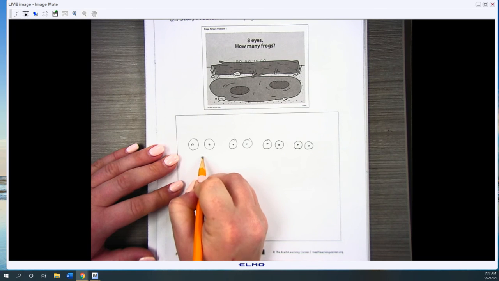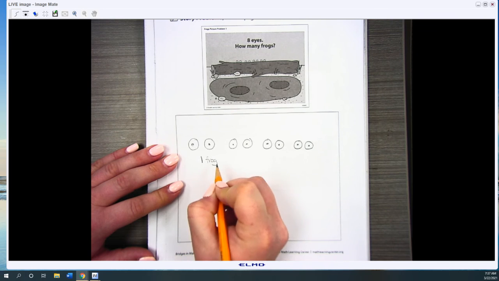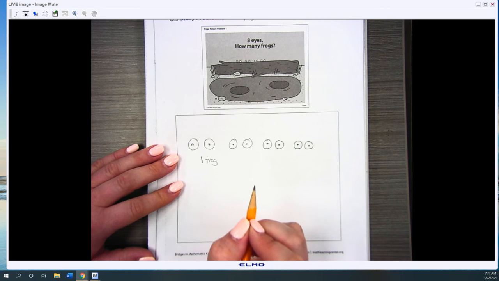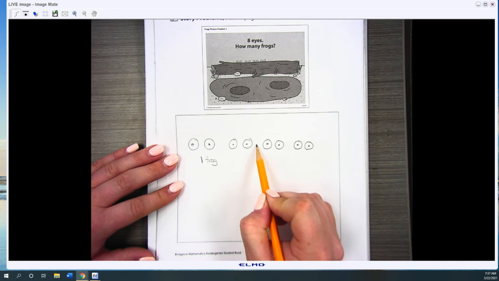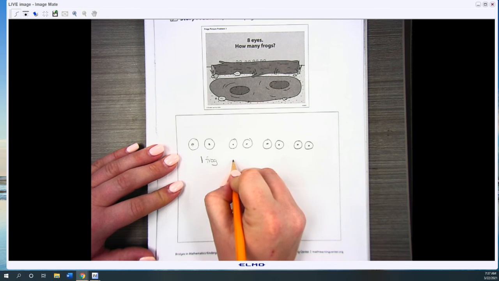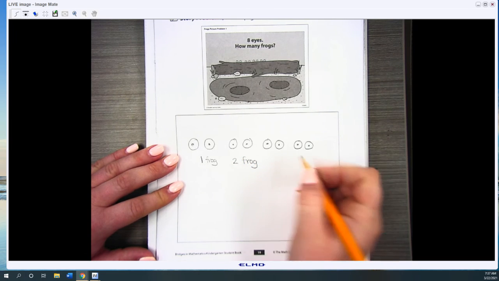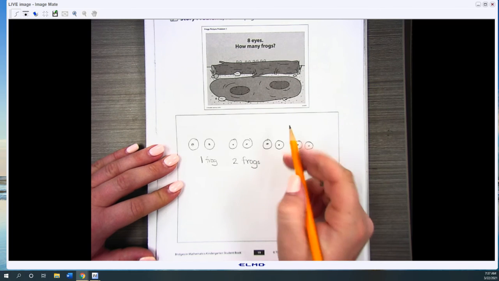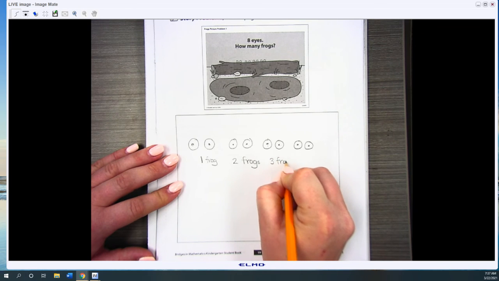So I'm going to say one frog. These 2 eyes belong to another frog. So now I have 2 frogs. These 2 belong to another frog. So now I have 3 frogs.